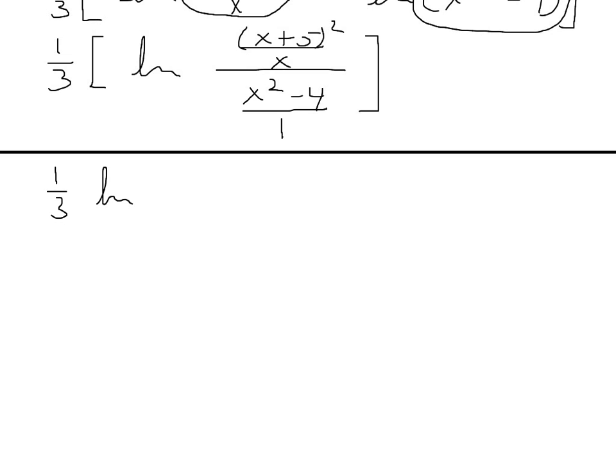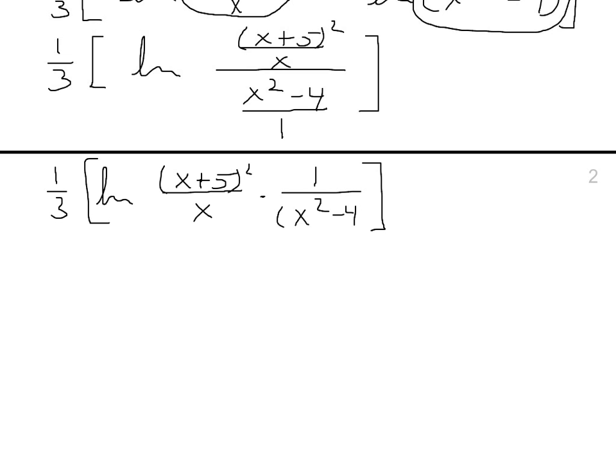So we're going to multiply the top by the reciprocal of the bottom. We're going to have 1/3 times the natural log of the square of x plus 5 over x times the reciprocal of the bottom, which is just 1 over x squared minus 4.